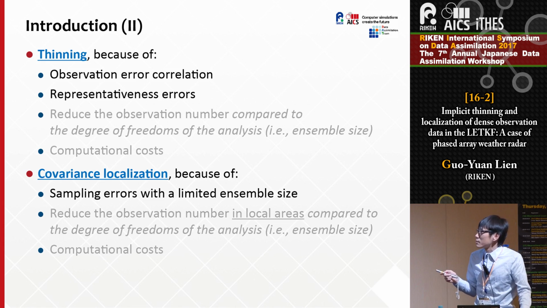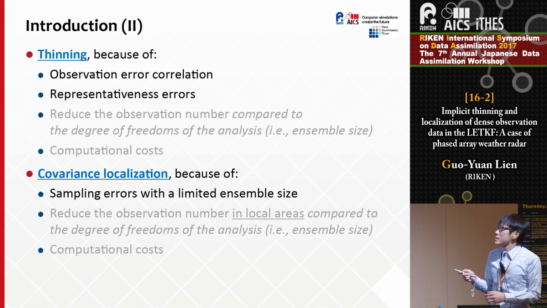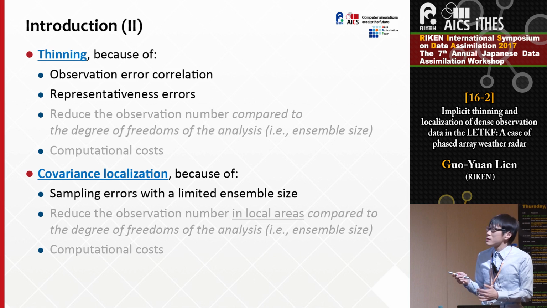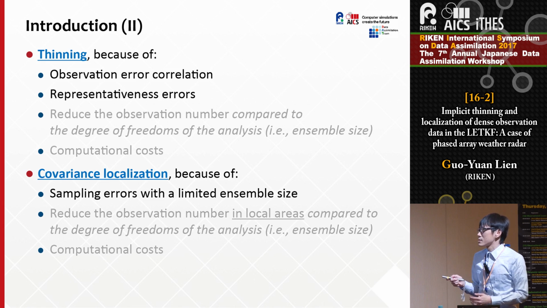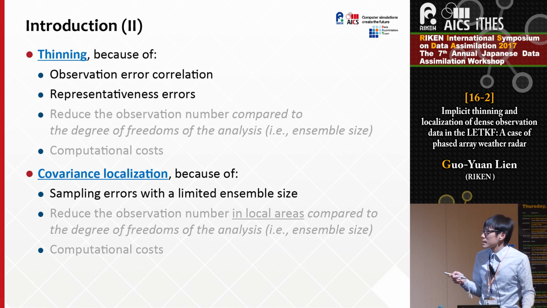There are several different reasons. Thinning may be used to deal with the observation error correlation or the representativeness errors. And for localization, maybe the most obvious reason is to deal with the sampling error with a limited ensemble size. However, there are also some reasons shared by both thinning and localization.